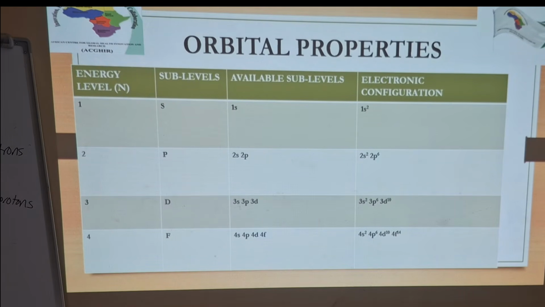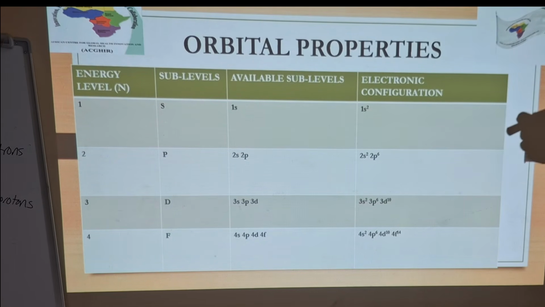We move on to the third energy level, which has D. Available sublevels, we have 3s, 3p, and 3d. We know that the maximum number of electrons in an s orbital is 2, in a p orbital is 6, and in a d orbital is 10. So the electronic configuration for energy level 3 is 3s2, 3p6, and 3d10.